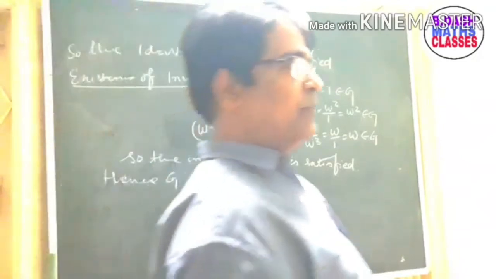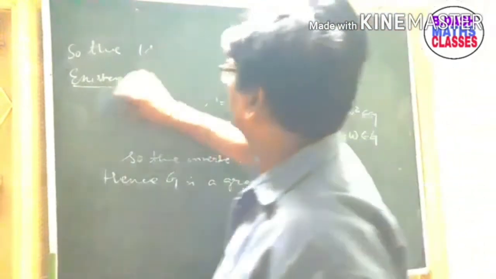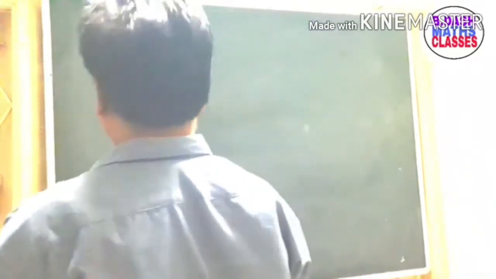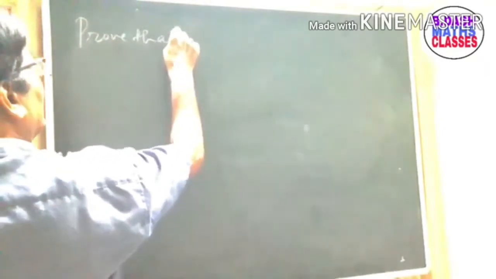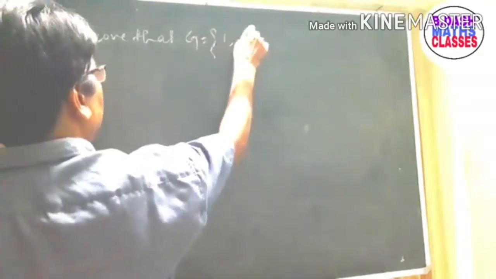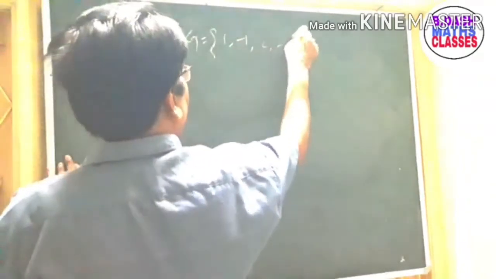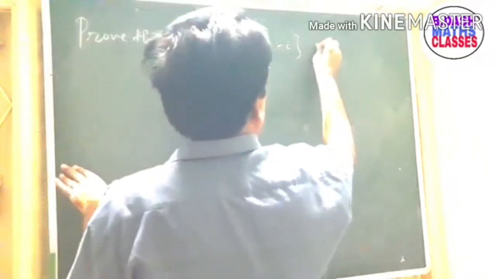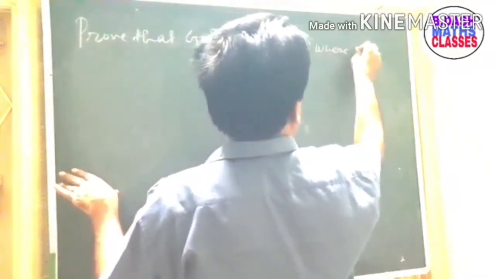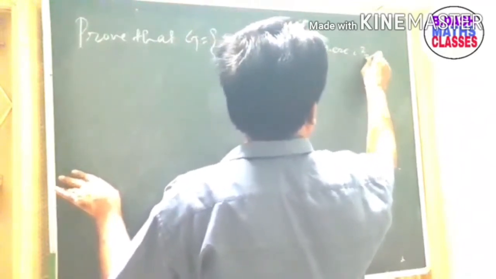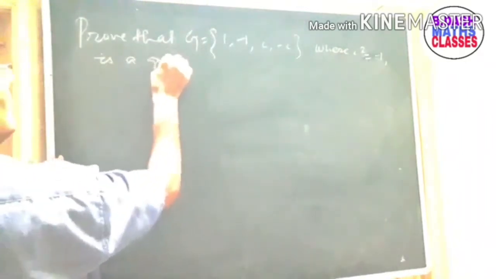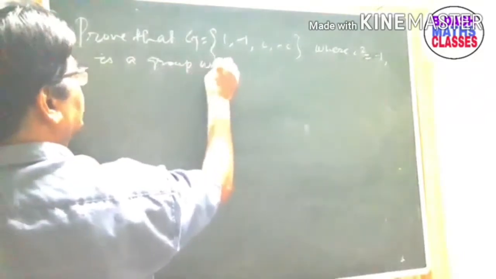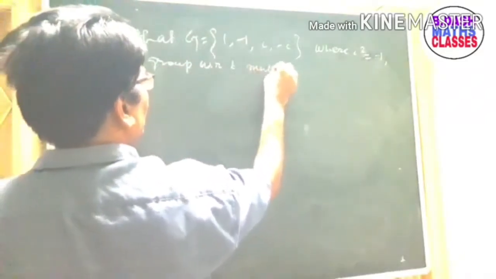Now let us proceed to another problem. Prove that G = {1, -1, i, -i}, where i² = -1, is a group with respect to multiplication.